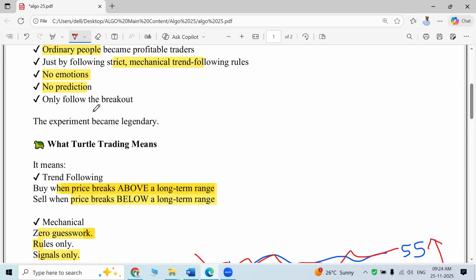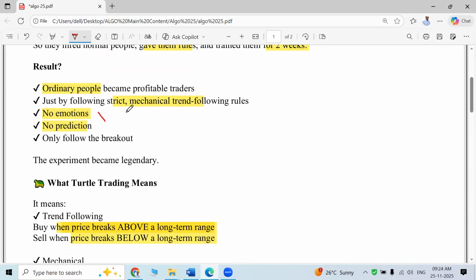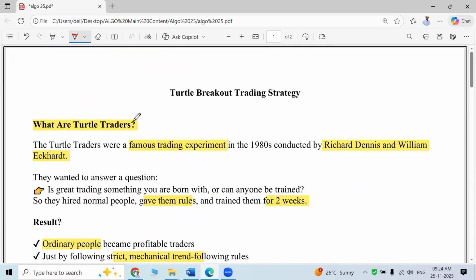And it was followed by all the people. No emotions, no prediction, like what our algo does. So that is basically called a turtle trader. Now, why are they successful? Because they follow the rules like an algo. So basically, we can say they are algos with a human brain, but they follow rules.